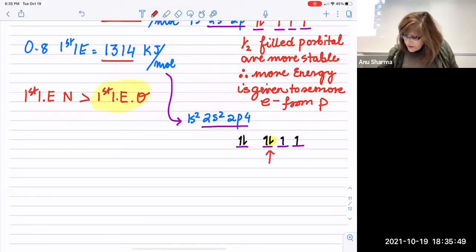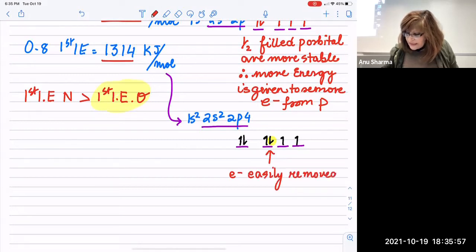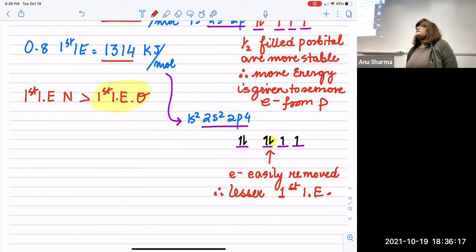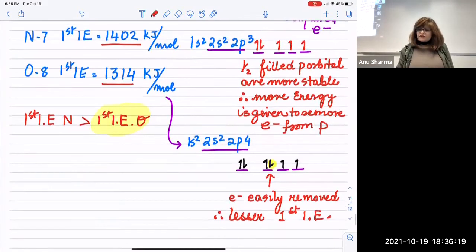This electron is easily removed. Why is it easily removed? Therefore, lesser first ionization energy. How will that be easily removed? The answer is on the screen.